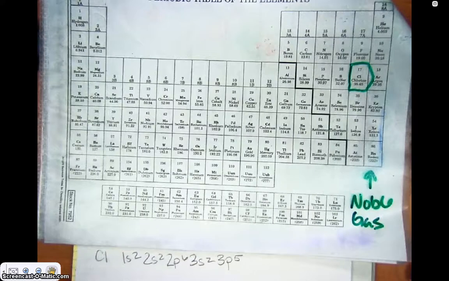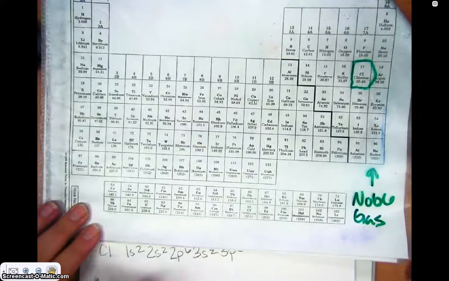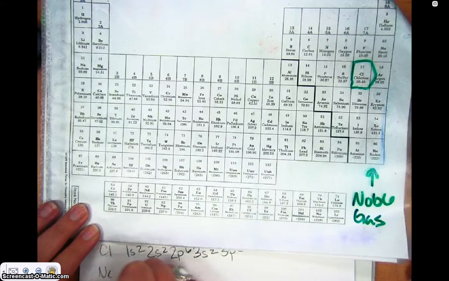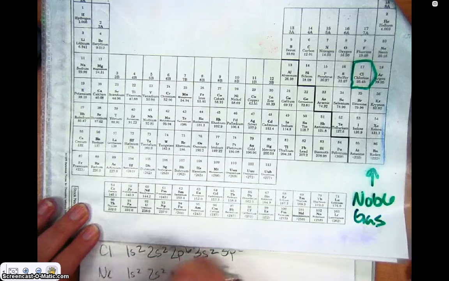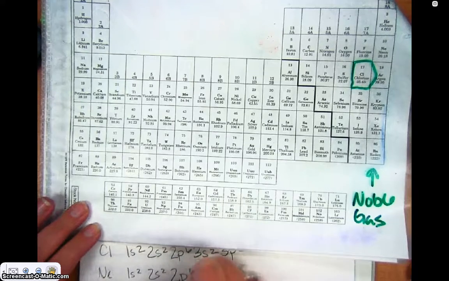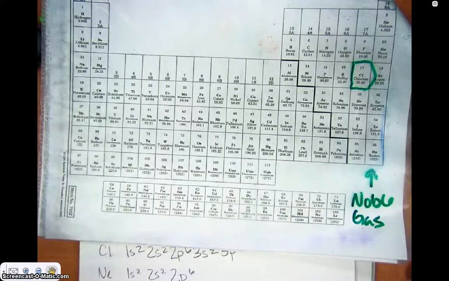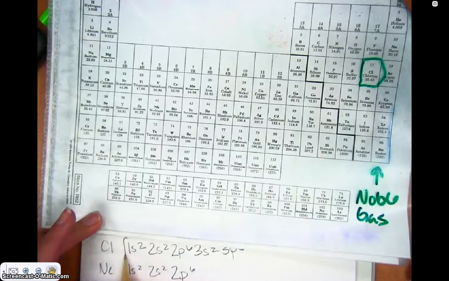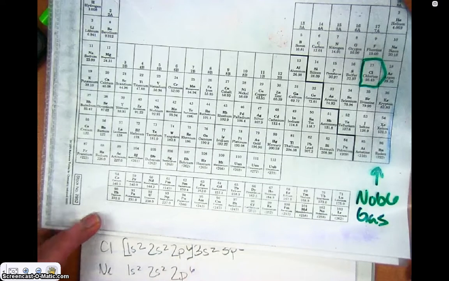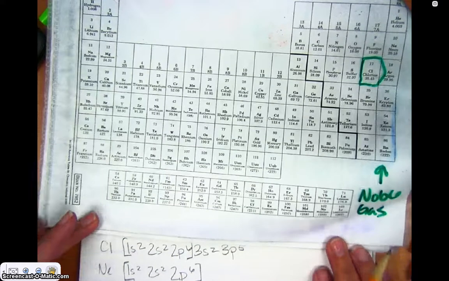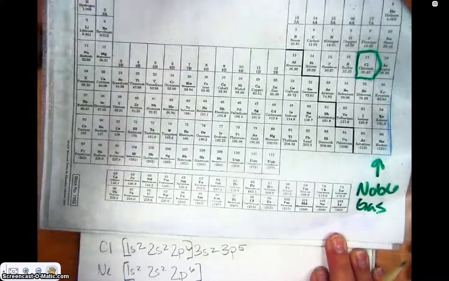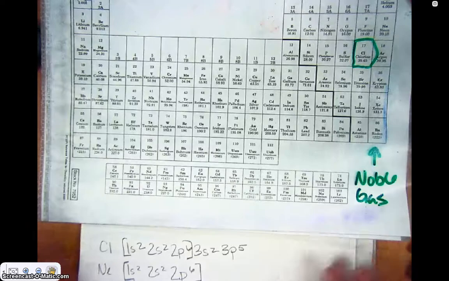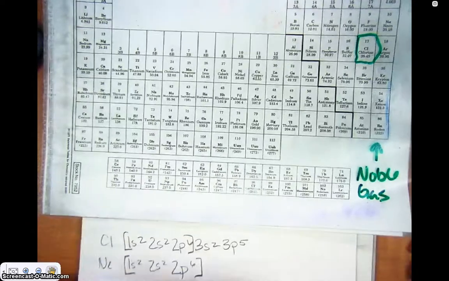Neon is number 10 on the periodic table, so neon is going to be 1s2, 2s2, 2p6. Okay? And notice that the beginning of chlorine's electron configuration right here is the same as it is for neon.